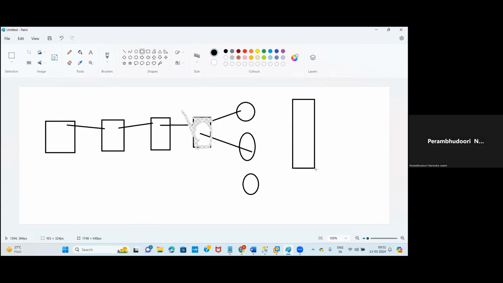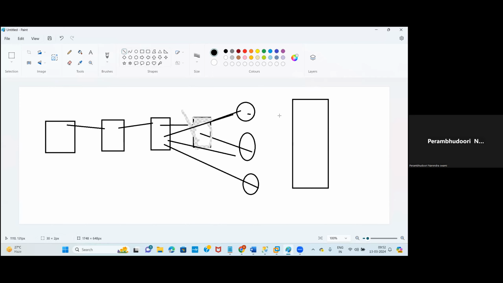First the data marts are going to be created. Then from the data marts, we load the data into the data warehouse. This is how it happens in the independent data mart, or bottom-up approach. Clear? Okay.